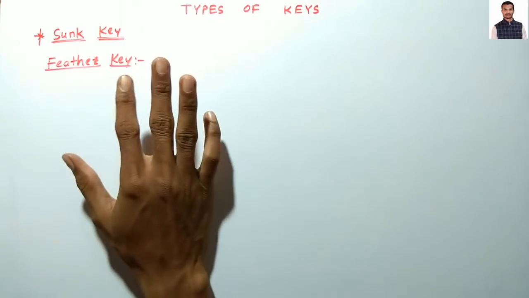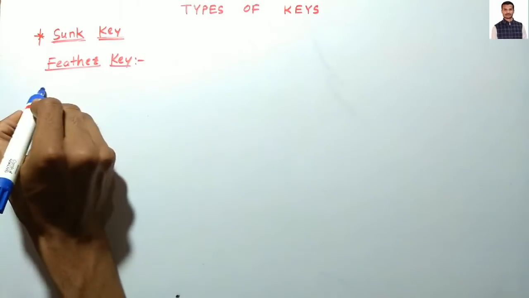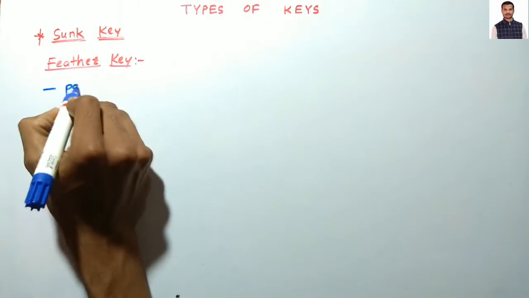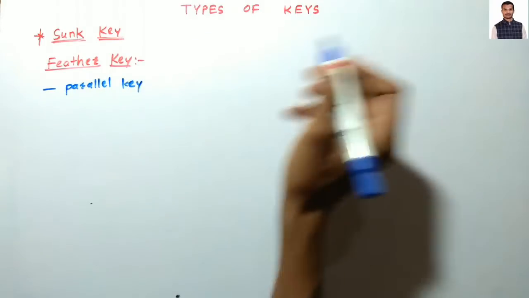See feather key. This is also one of the types of sunk key. So what is feather key? Feather key is a parallel key. So it is not a tapered key.